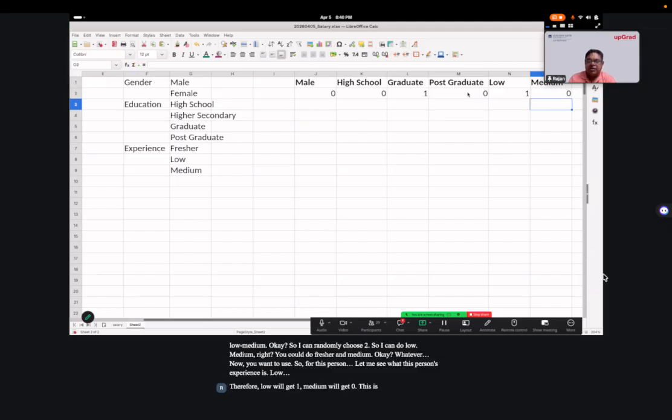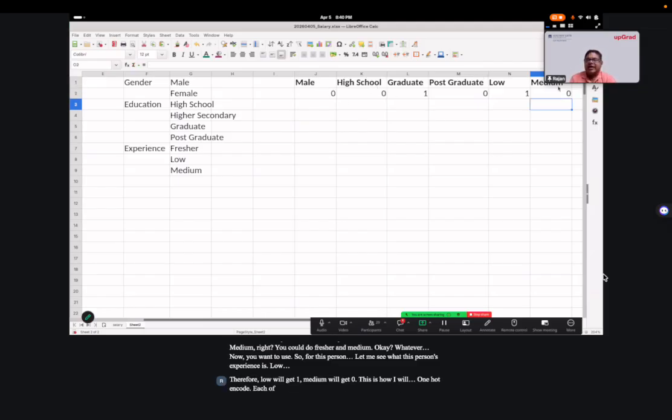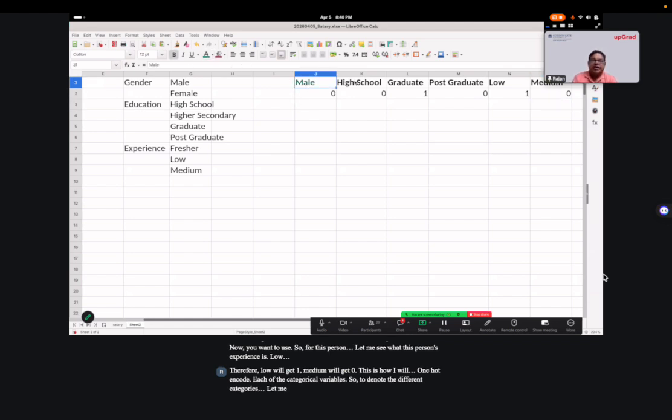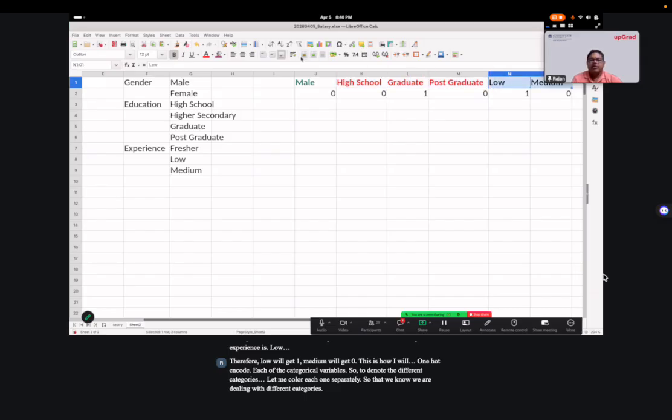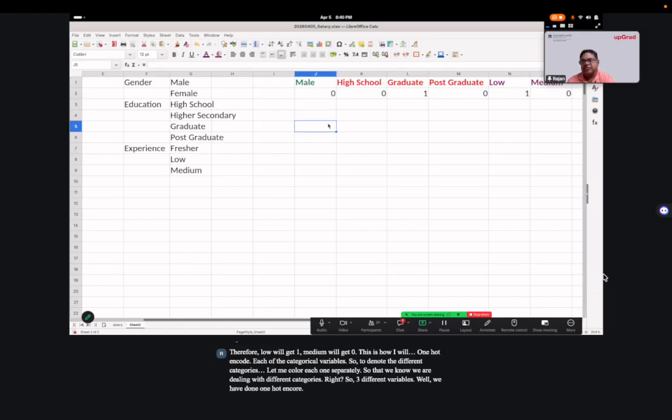This is how I will one-hot encode each of the categorical variables. To denote the different categories, let me color each one separately so that we know we are dealing with different categories. So 3 different variables where we have done one-hot encoding. This way you can create the entire data set, and then you have the Y value.